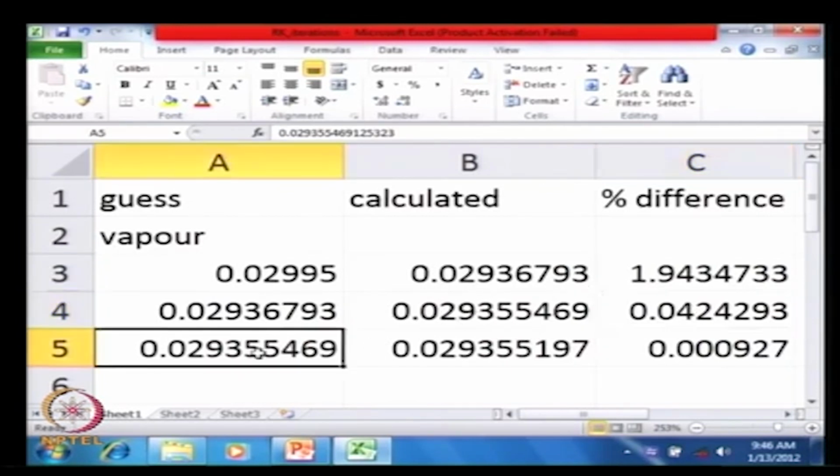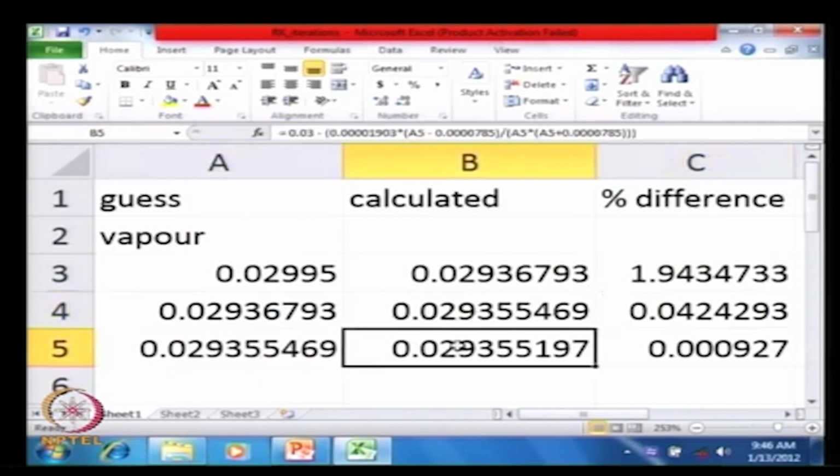We put 0.029355 and so on in here, and we calculate the value again. You can simply calculate the value by Control D, which copies the formula here and calculates this value. Here it turns out to be 0.029355197, very close to this, and the percentage difference turns out to be 9.27 into 10 power minus 4.